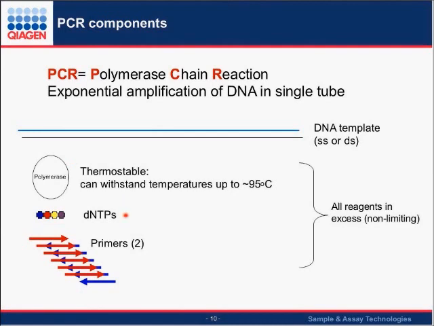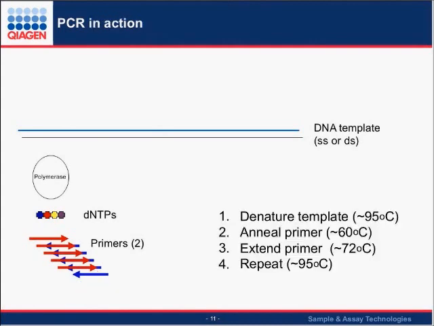Then you have dNTPs, the nucleotides that get added as you copy the DNA. There are forward and reverse primers; you have two of those. And you may or may not have probes, depending on what kind of reaction you're doing. All reagents in this reaction will be in excess, non-limiting, so that you can make as many copies of the DNA as you would like to.